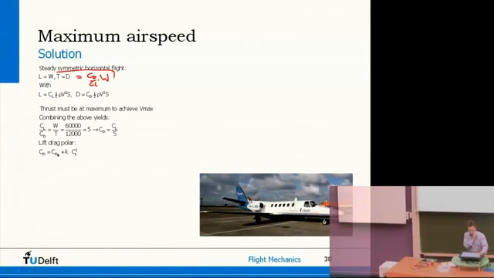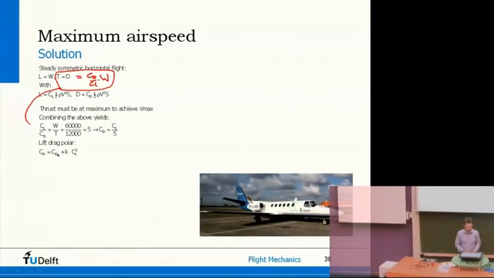So you can also say weight divided by thrust is equal to CL over CD. So that means we have an aircraft weight of 60,000 newtons, 12,000 newtons of thrust. So CL over CD must be equal to 5 to fly in this maximum condition, because 12 kilonewtons is the maximum thrust.